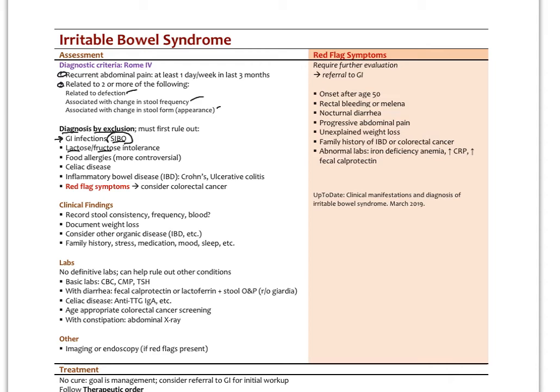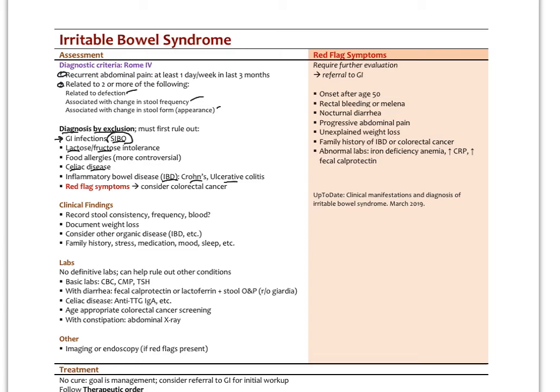Looking at lactose and fructose intolerance, food allergies are more sensitive, but the big ones would be ruling out celiac disease and inflammatory bowel disease, and that would be Crohn's and ulcerative colitis. We've already talked about celiac. We'll get to Crohn's and ulcerative colitis, and I'll talk about their workups. In Crohn's and UC, there's actual damage, just like in celiac, to the mucosa, even submucosa. Again, that's not going to be found in IBS.